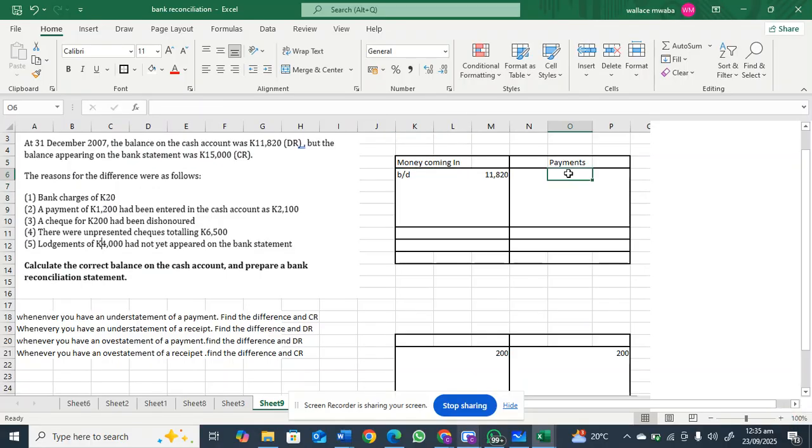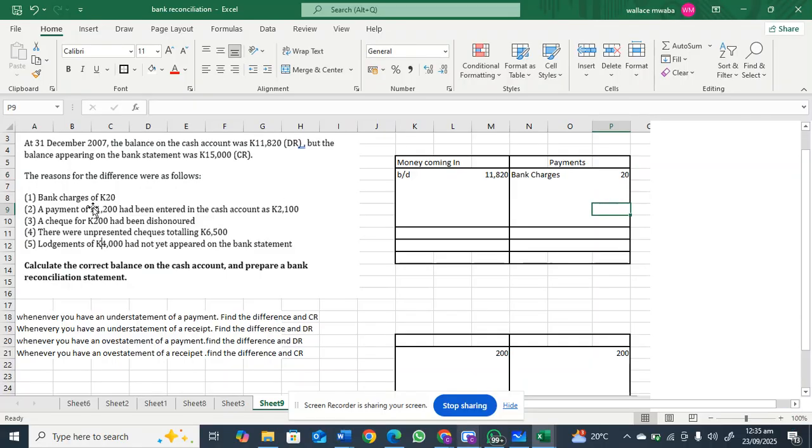Think of it like that. So here, bank charges, we have to pay the bank 20 kwacha, so we credit our cash book. Now remember, the cash book has got the cash section and the bank section. Here we're focusing on the bank section of the cash book. So bank charges 20 kwacha.